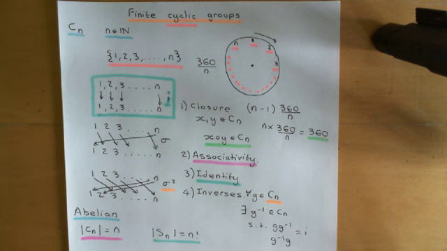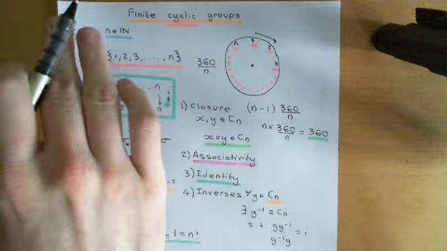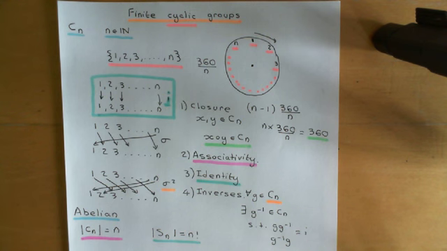That means that in total there are n different cyclic permutations, including the identity permutation here. Those are all going to be represented by separate symbols in our group Cn. When you compose any two of those together, it will give you another cyclic permutation, so it will give you another symbol from this set.